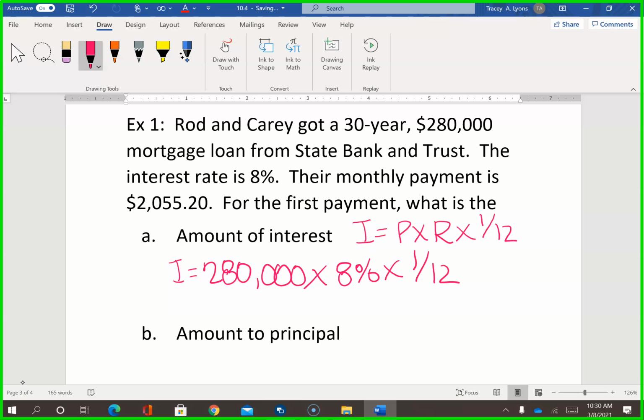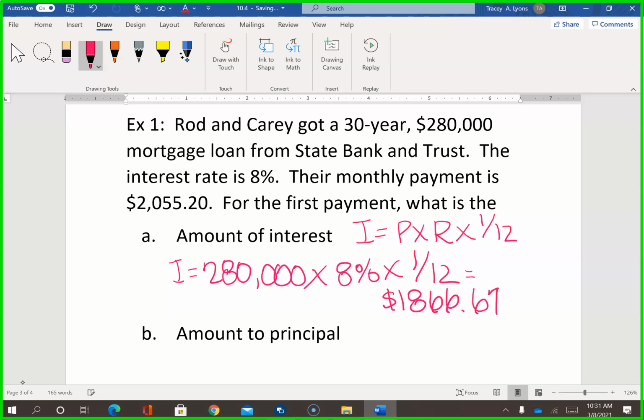You can do times 1 divided by 12 or just divide by 12 because times 1 doesn't do anything. So interest on the first payment, I think I might have typed in something wrong. Hold on. Oh, I typed in 9%. Hold on. Let me redo that. 8%. Okay. It should be $1,866.67.